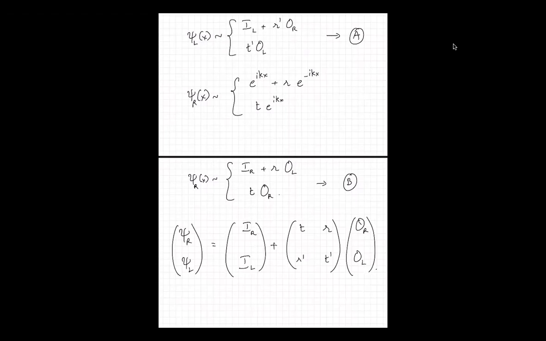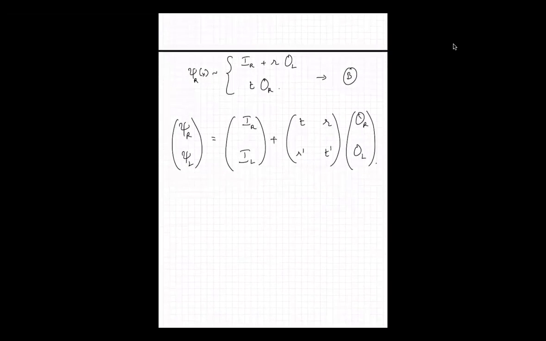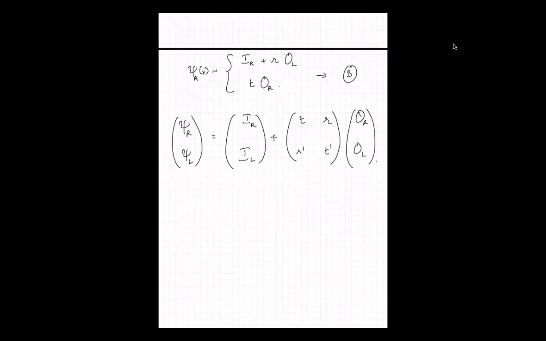If I write the matrix equation like this, you can easily check for yourself that it satisfies both equation A and equation B written above. This equation that connects the incoming and the outgoing waves in this particular fashion is a very important equation, and this matrix, which is the non-trivial part of the whole scattering, is called the scattering matrix.